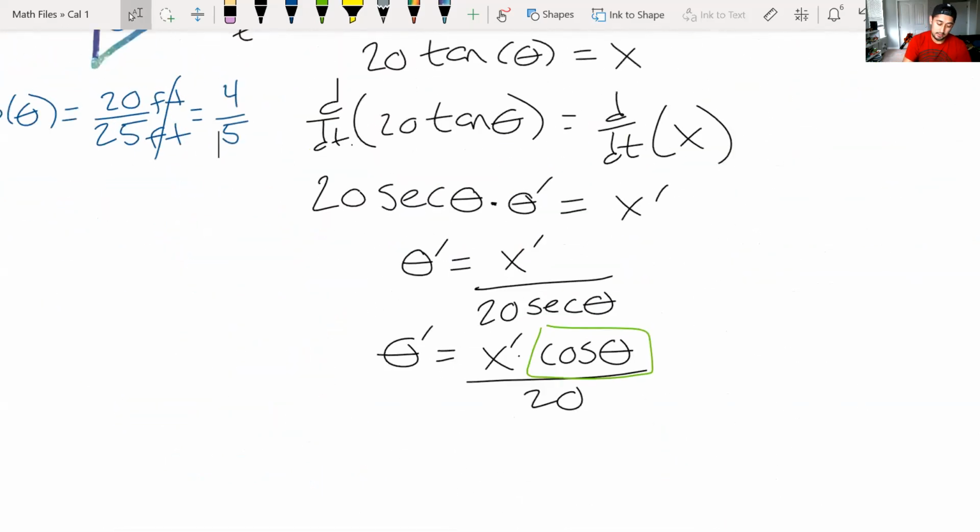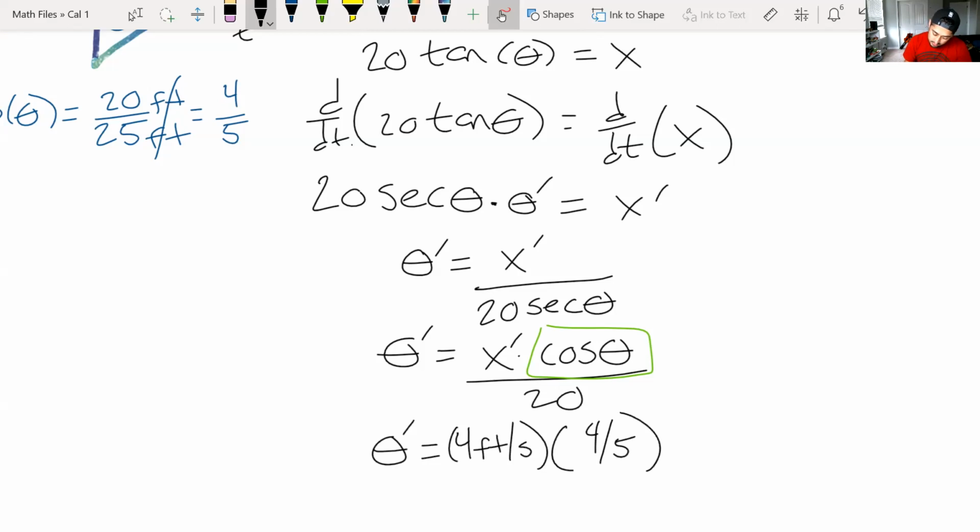So here we go. We now know everything to plug in. So I get theta prime equals, parentheses, 4 feet per second times 4/5 over 20 feet. Now let's type that in our calculators.